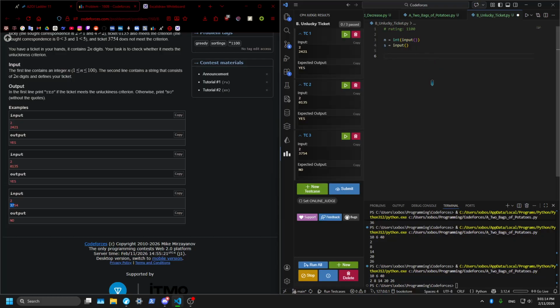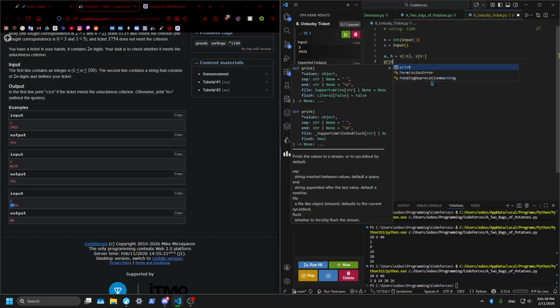which we can do: A, B equals S from 0 to n, and then S from n to the end.